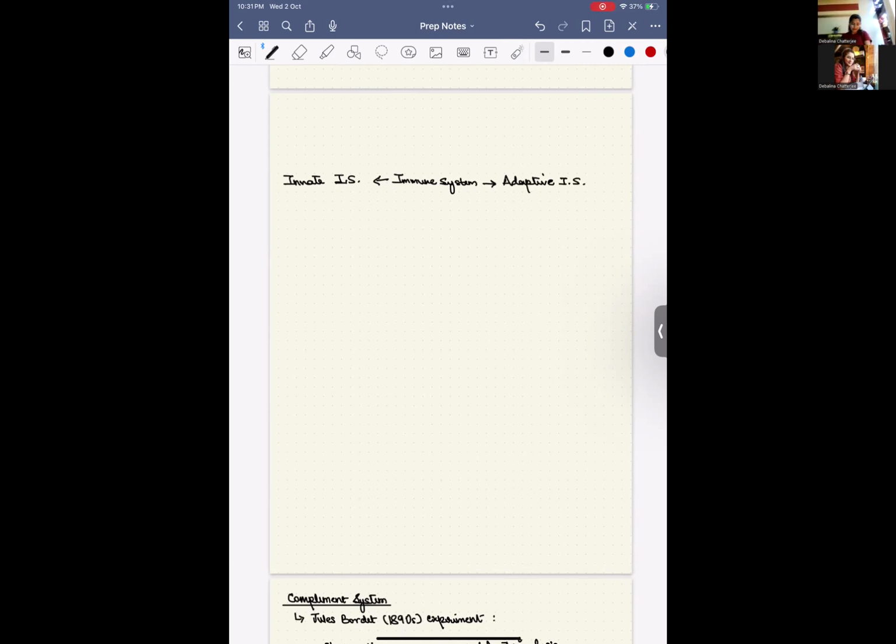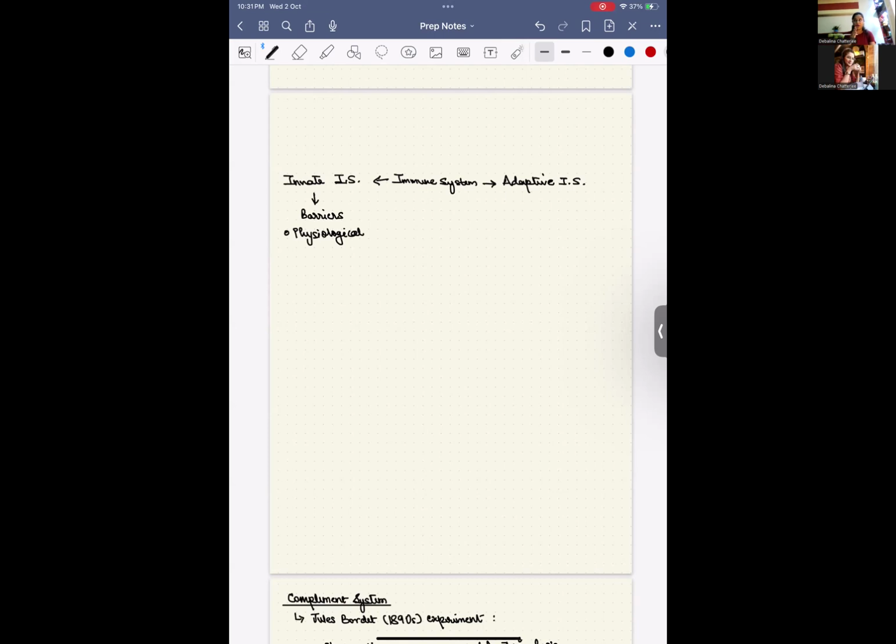Now, for the innate immune system, our discussion was somewhat straightforward. We discussed that there are barriers. Physiological barriers, wherein we discussed the temperature or the pH, the chemicals that are present in your body.